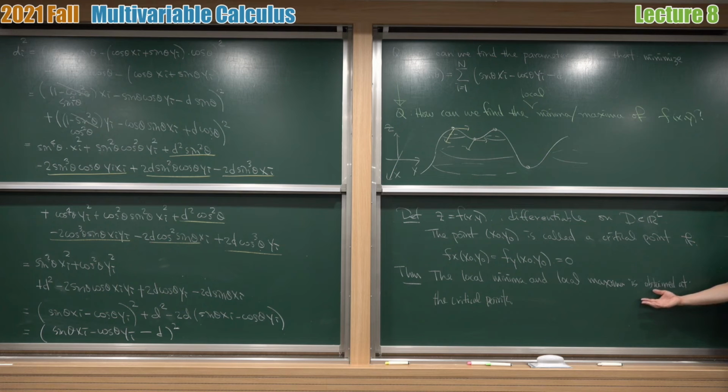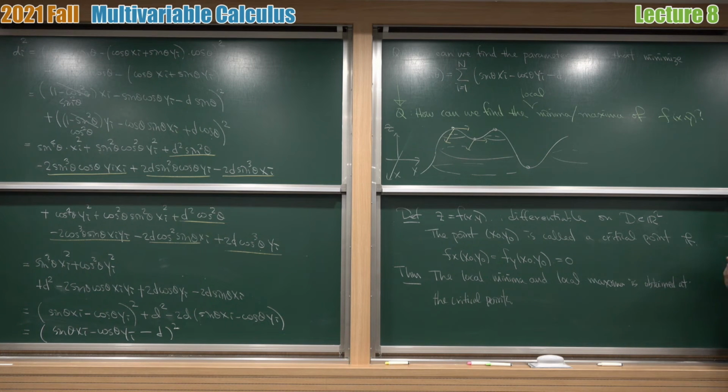I didn't take account of the boundaries of the domain. But if I just take the interior of the domain, and the function is differentiable at every point, then the local minimum and local maximum are always obtained at a critical point where the partial derivatives are all 0.